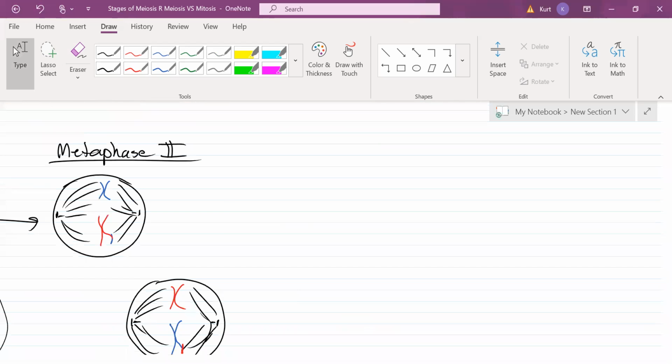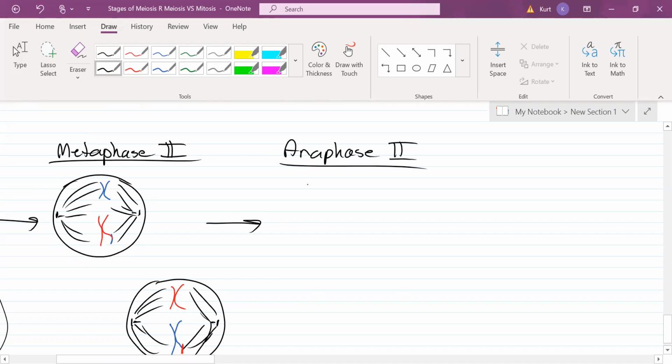They line up along the metaphase plate. Anaphase 2, I know this is tedious, guys. Just, we all have to go through it once.